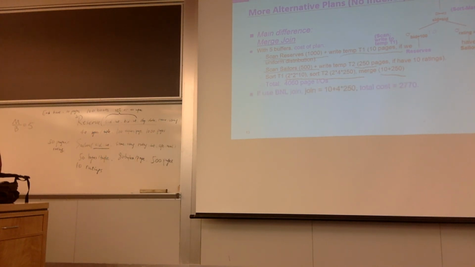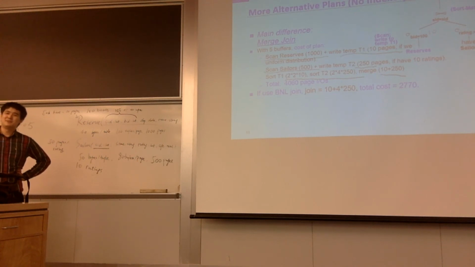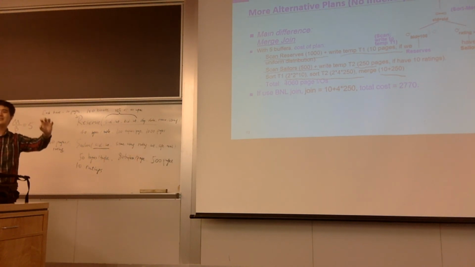So the next thing, if you do use a block nested loop, what is a block nested loop? When you're doing the nested loop, you have 1 page for the outer relation, then you start scanning through the pages in the other relation, but you only utilize 2 buffers at a time. But you can actually read like 4 pages for the outer relation at a time.